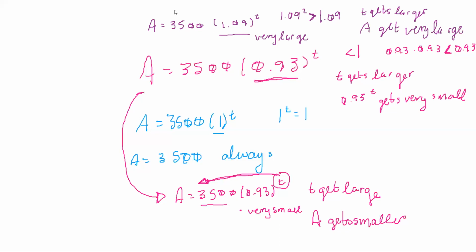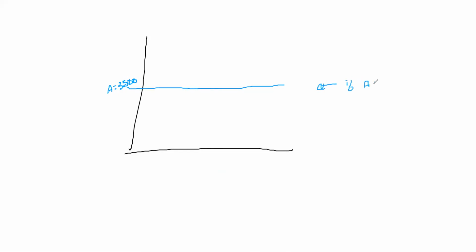So I'm going to clear this information, and we're just going to sketch this out really fast. So this is A is equal to 3,500. This is if A equals 3,500 times 1 to the T. And then my decay starts here and gets down.